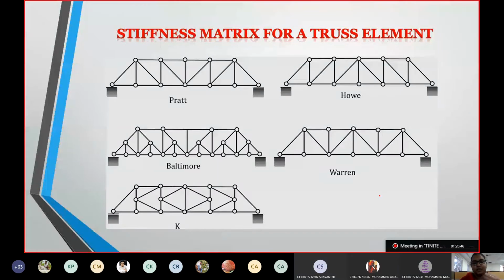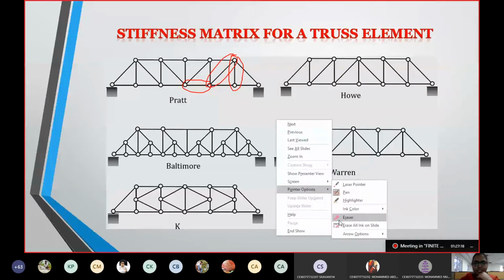All right. Let us talk in terms of elements. We'll talk as individual elements. See, in every truss, we have a horizontal element, a vertical element, or an inclined element.